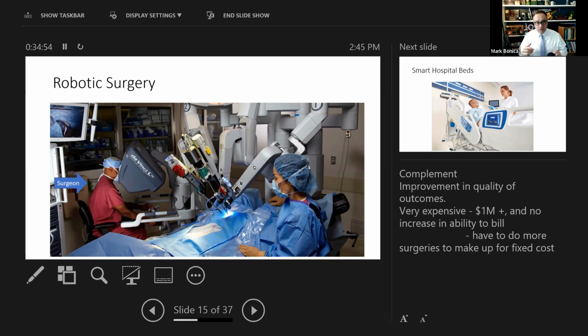But what if you could put a Da Vinci robot in their OR, right? And you have maybe a surgical PA who's there to make sure everything is working well, and some nursing team. And the surgeon just logs into the Da Vinci robot from, let's say, Mass General, right? So maybe a 3-hour car ride away, does the surgery, right?